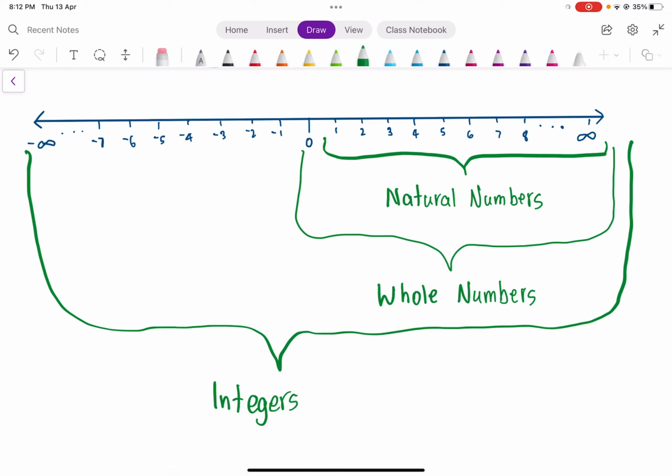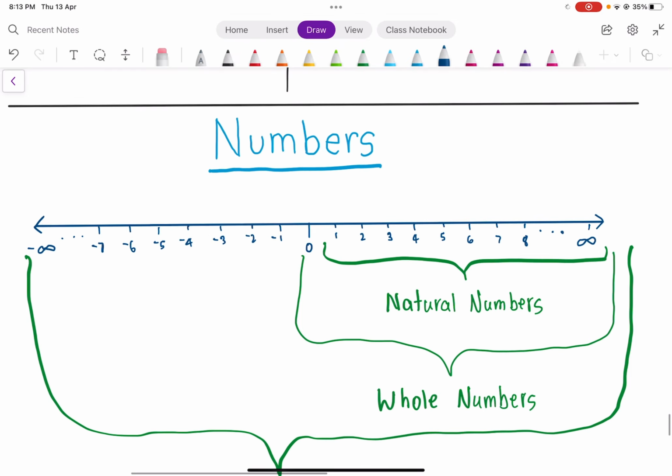That may seem like a lot of numbers, but we're not done yet. Have you ever thought about the concept of there being numbers in between numbers? Well, that is possible. Whenever you pay for, let's say, a candy bar, and it costs you $1.50, that costs $1.5.